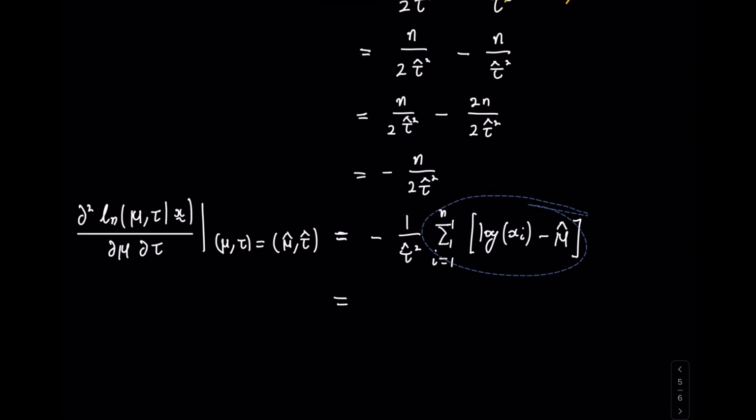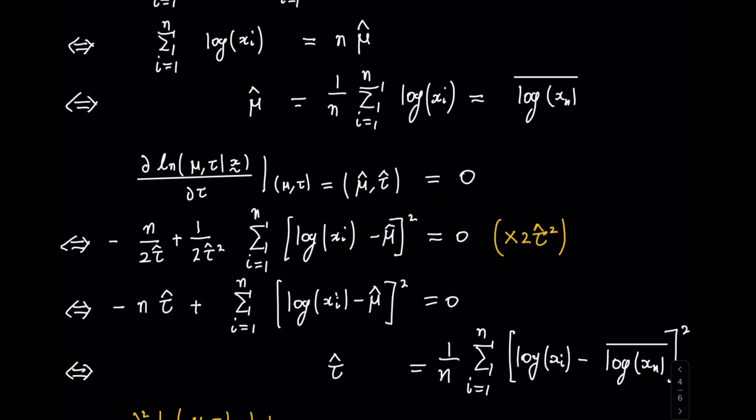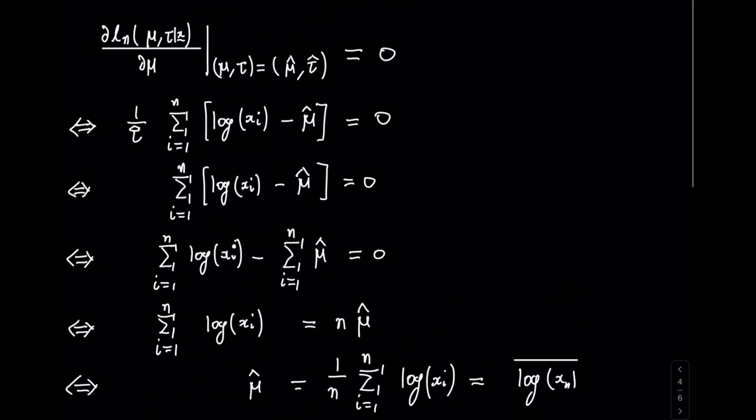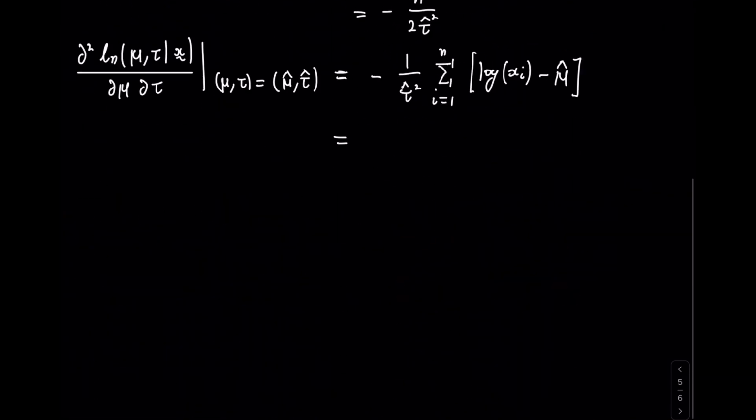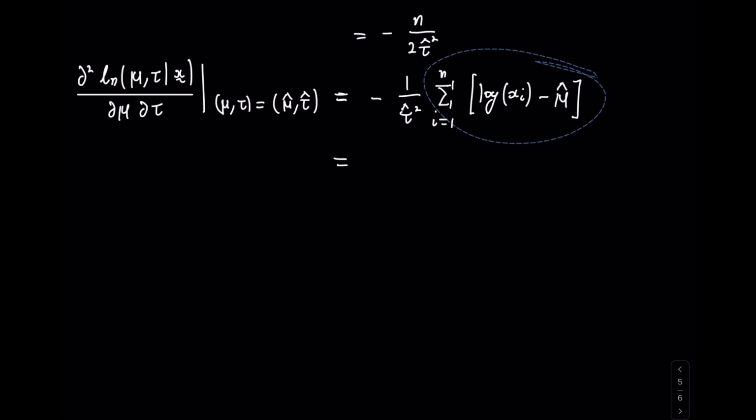If you recall, when we originally solved for mu hat, we solved it in such a way that one of the steps in those equations was to solve for this expression equal to 0. And therefore, if we go back, we've got that same sum here, and so that sum will just collapse to 0 if we were going to simplify it. So the whole expression collapses to 0.